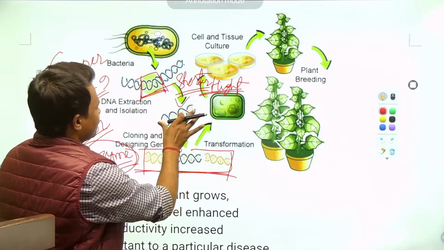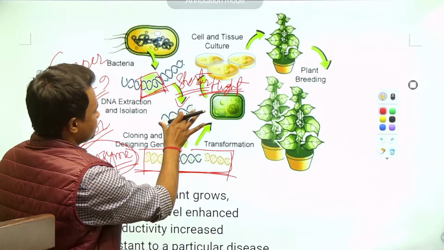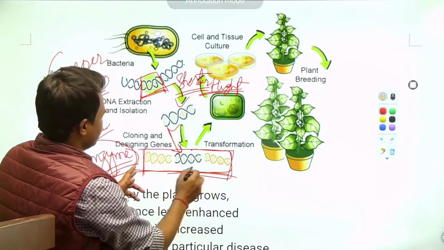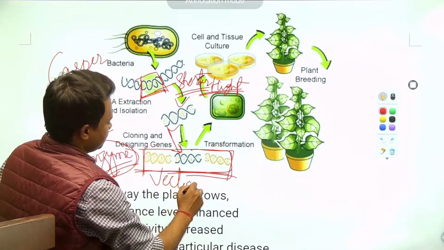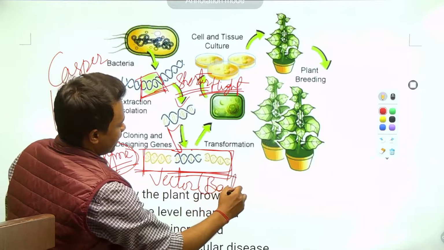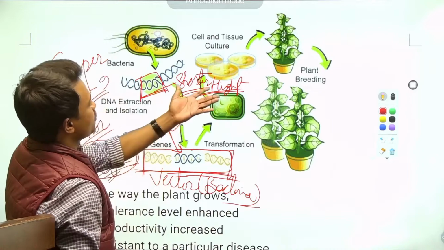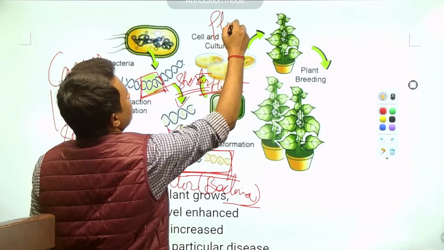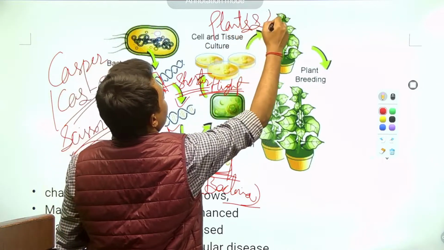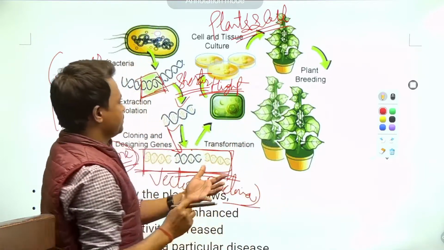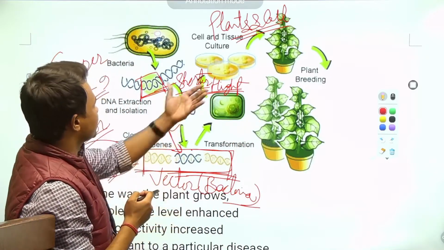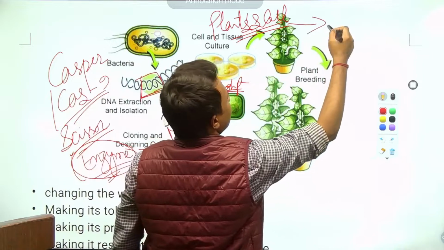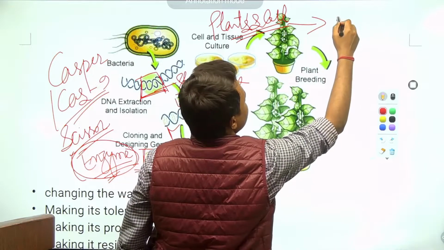The character of the other organism is inserted with the help of a vector, maybe a bacterium, and then shot into the plant cell. A gene gun is used in the labs and injected into this plant cell, which will further go for tissue culture.